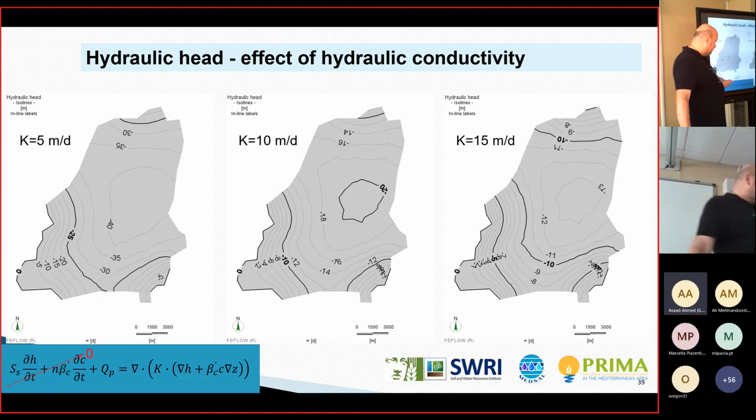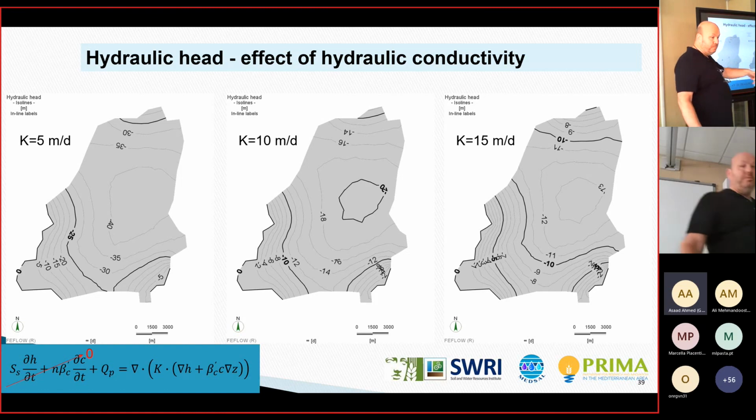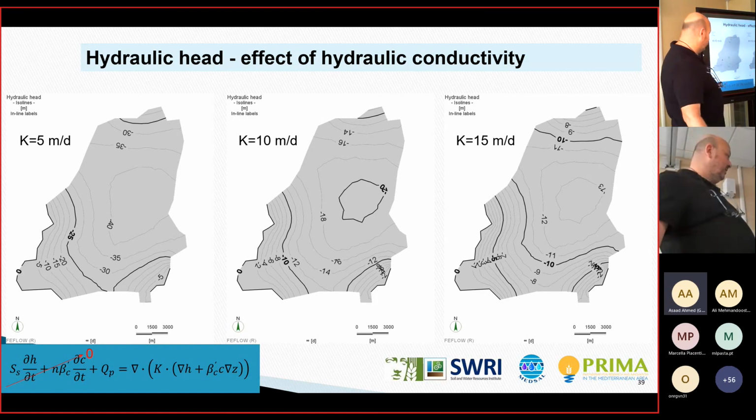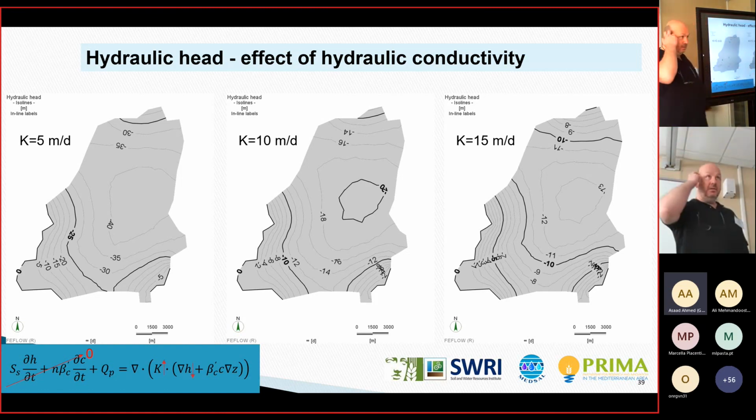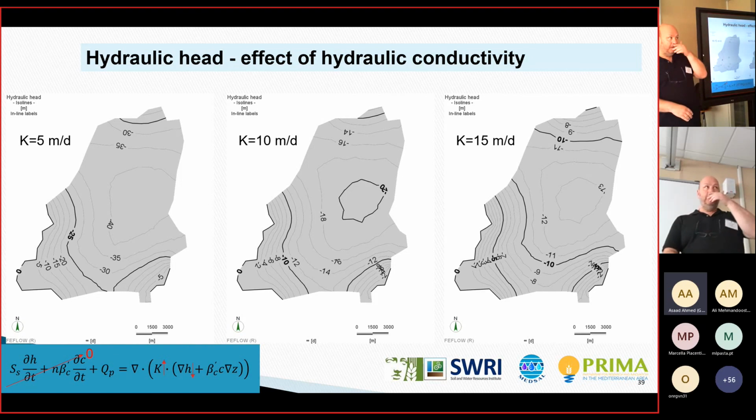So from the right side of the equation, obviously as hydraulic conductivity increases, the gradient of hydraulic head should decrease. Am I right? Okay. And in this particular model, this is not general and it could not be true for all models, but in this particular model, we have a first type of boundary condition to the sea, and we say that the hydraulic head is 0 here.